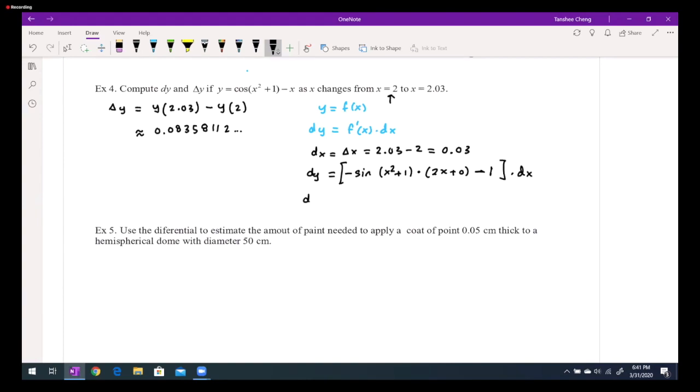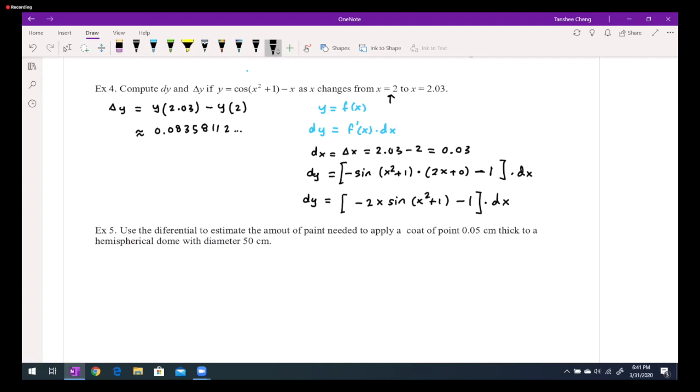So now the differential of y, simplifying a little bit, will give me negative 2x sine of x squared plus 1 minus 1, times dx.